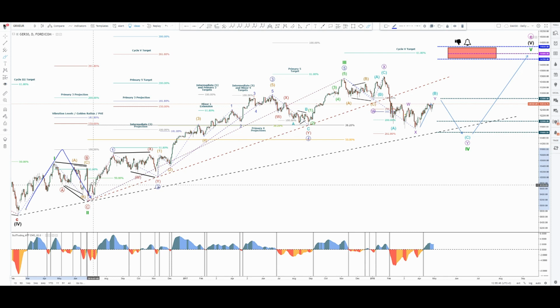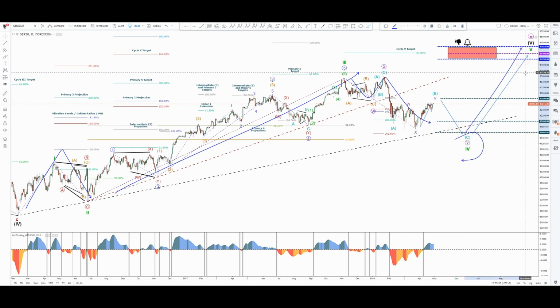Let's say cycle waves, greens, 1, 2, and then with an extension in three right here, then I would see this as a possible wave for a cycle degree, and then further upside. And this is the trick.